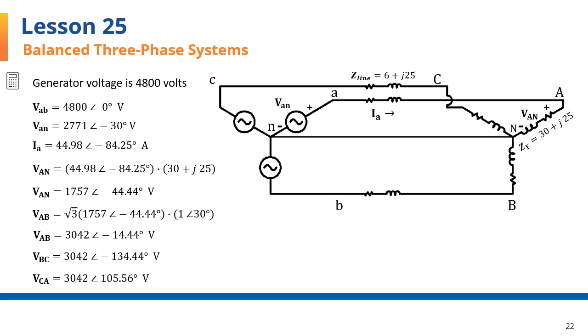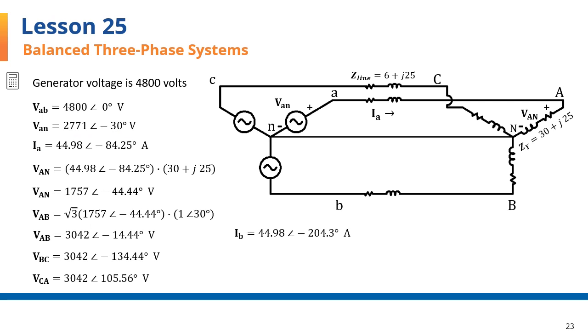VCA is the same magnitude of voltage with 105.56 degrees. From IA, that was found over here, we can find IB and IC again by phase rotation.